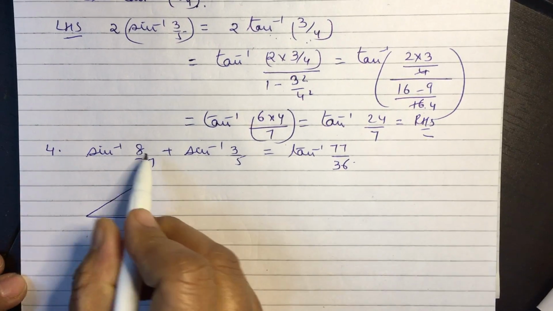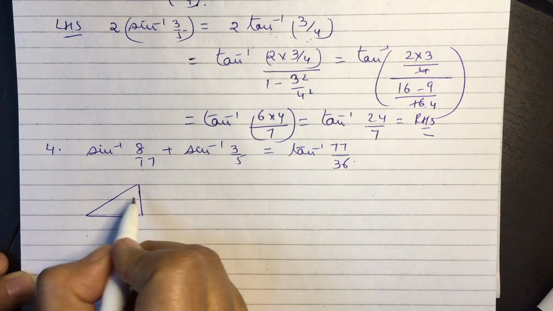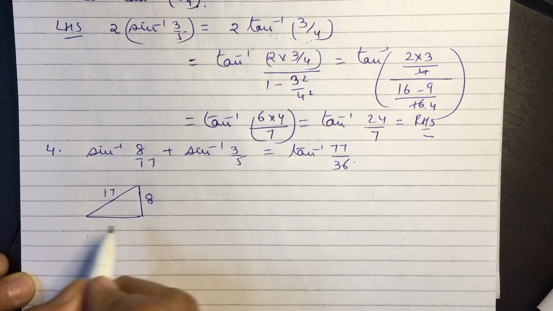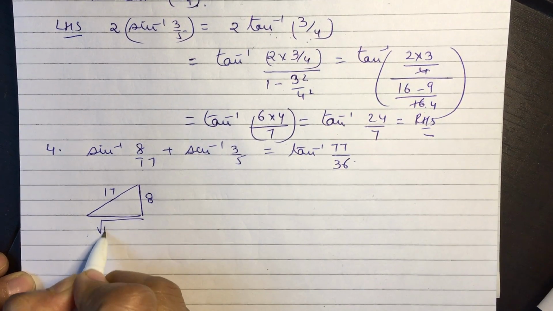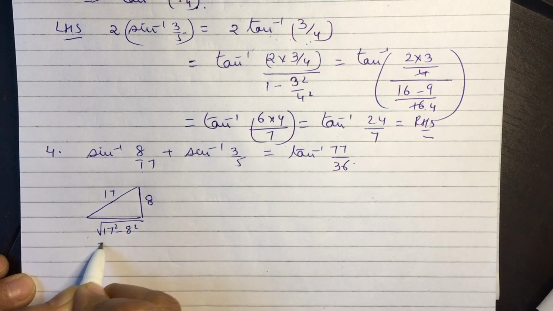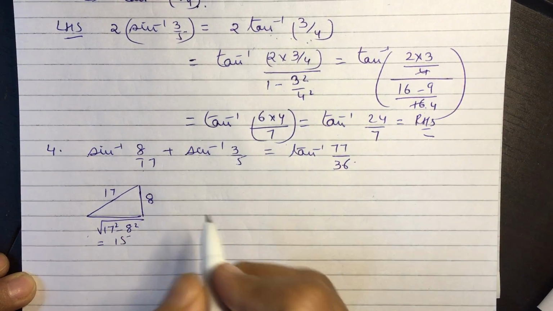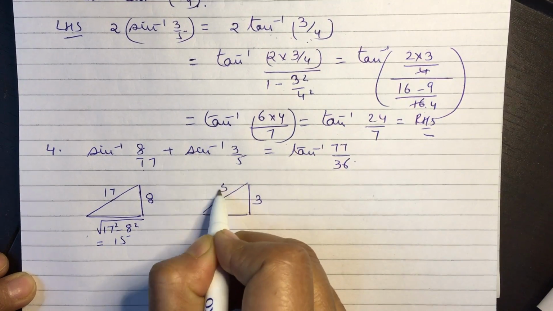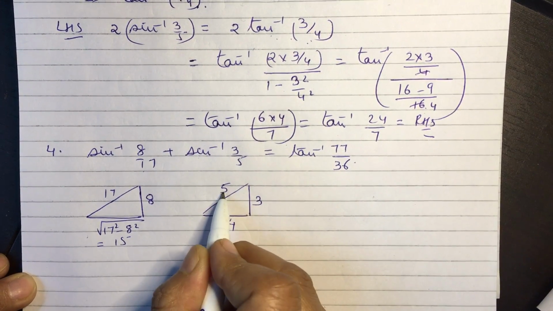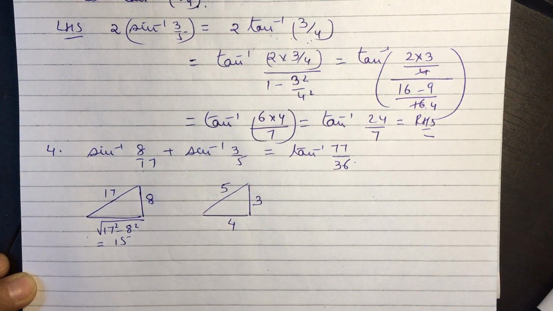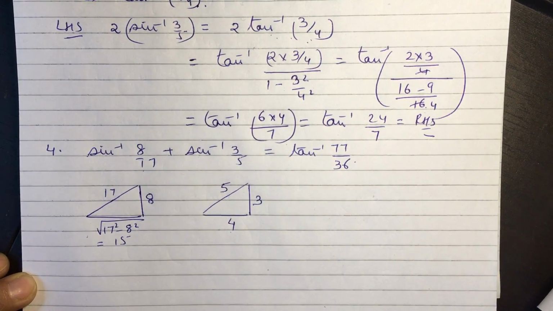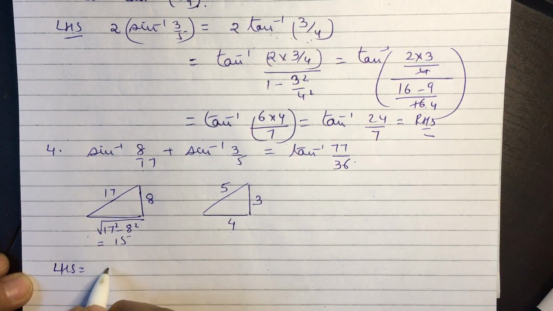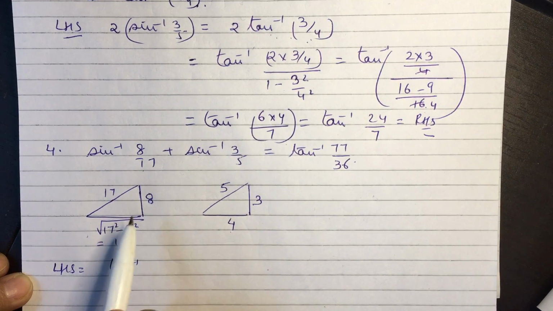If you just use the Pythagorean triangle, this is 8 upon 17, and so the third side becomes square root of 17 square minus 8 square, which comes out to be 15. And here, this is 3 upon 5, and the square root of 25 minus 9 becomes 4.